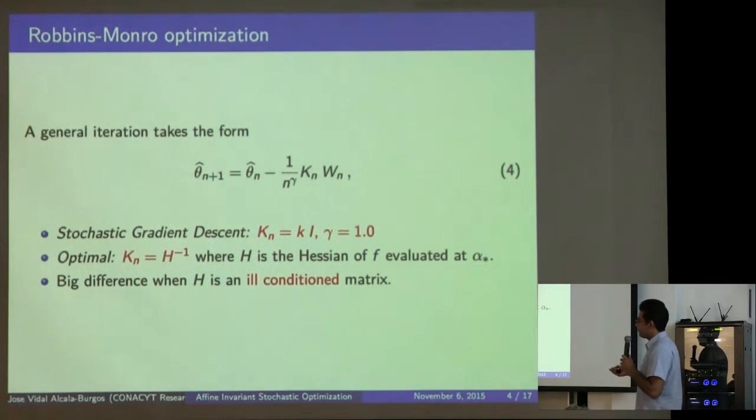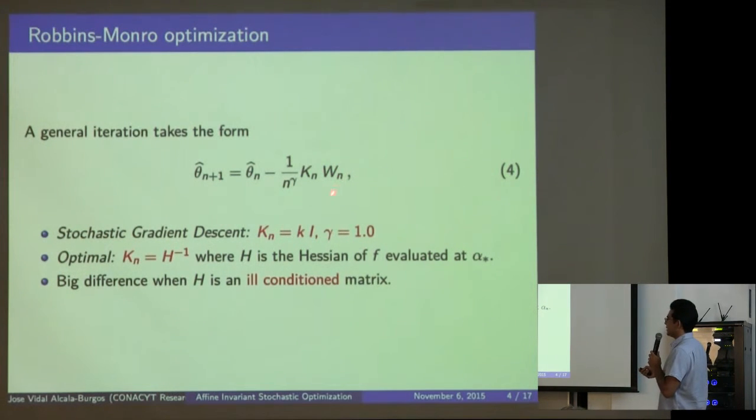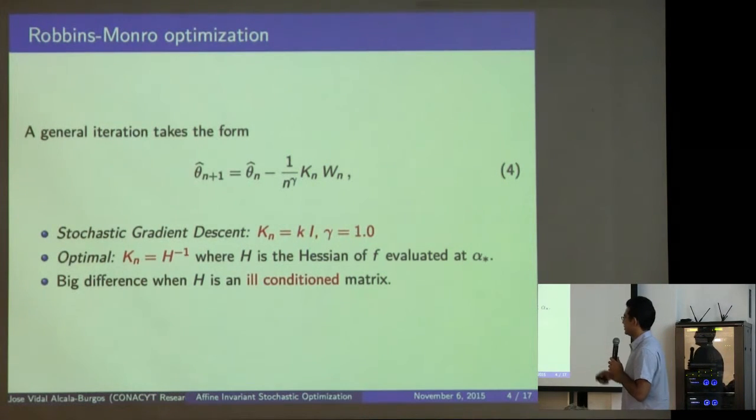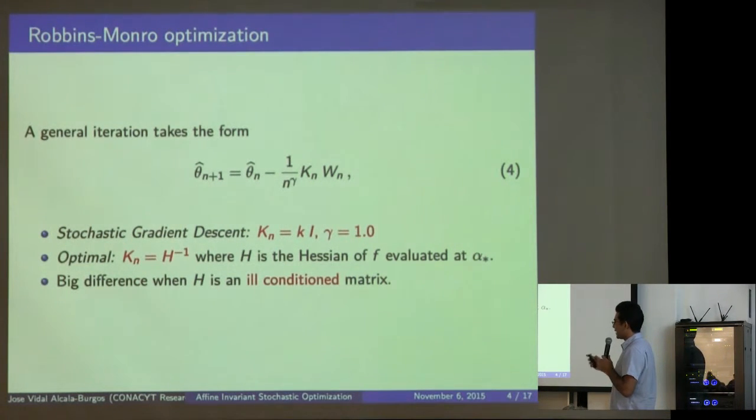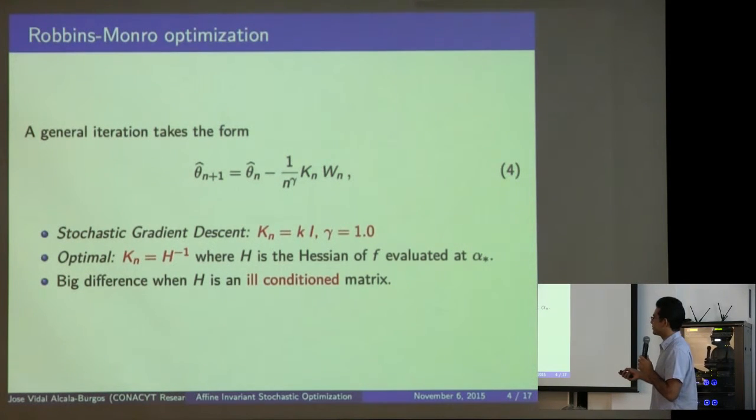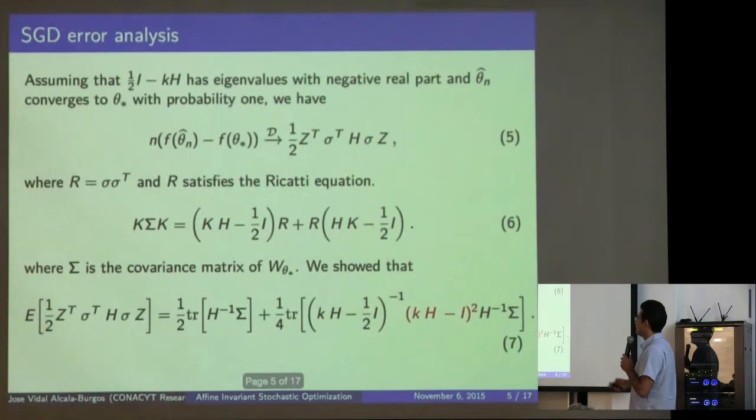Obviously, if we are estimating the gradient, it looks a little ludicrous to also try to estimate the inverse of the Hessian. But what we're going to see is that this can actually be done. Before that, let's explain why we really want to do that. What's wrong with the gradient when we just take K times the identity as our matrix Kn?